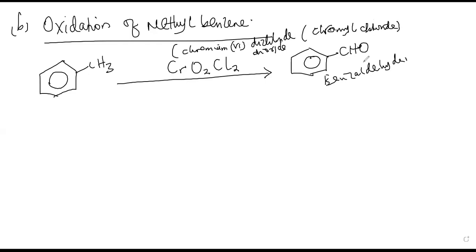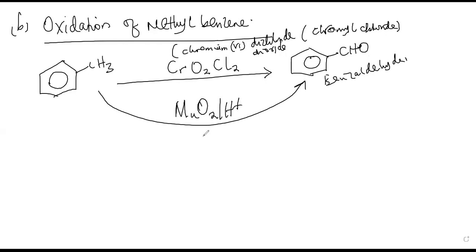This is very, very interesting. Now, also, you can use acidified manganese 4 oxide or acidified chromium 6 oxide, but those ones would require heating. So still here, to go to this, you'd use manganese 4 oxide, which is acidified, and you heat.